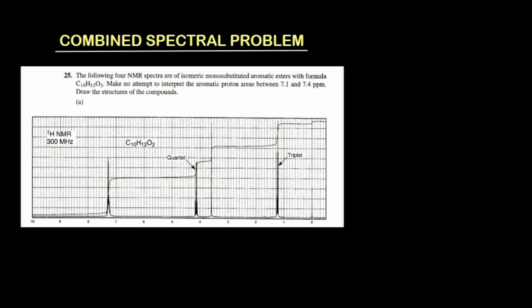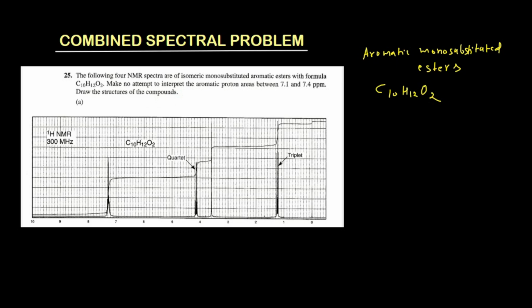So first of all, you should know this is given to you: aromatic mono-substituted esters, with the molecular formula of C10H12O2. Again, the molecular formula is also given. Make no attempt to interpret the aromatic proton areas between 7.1 to 7.4. Draw the structures of the compounds.